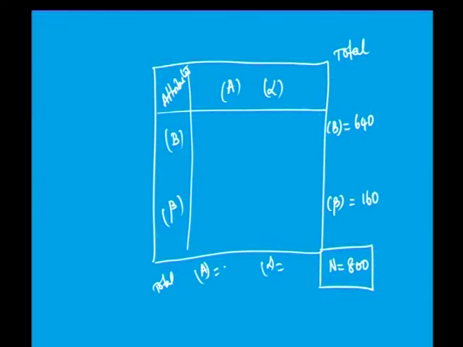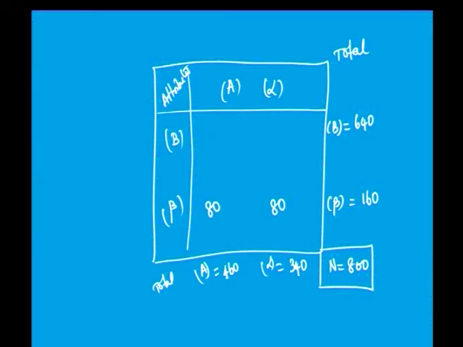We have found out A value is 460 and alpha value we have found out as 340, and one more value we have found out in the box. In the box, A beta value is 80 and alpha beta also we have found out as 80. So, we have to fill up these two values.